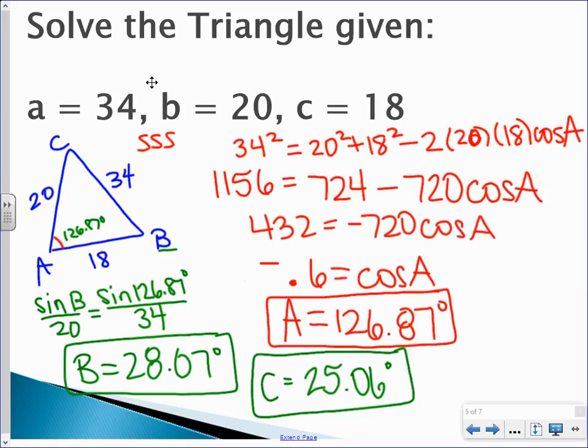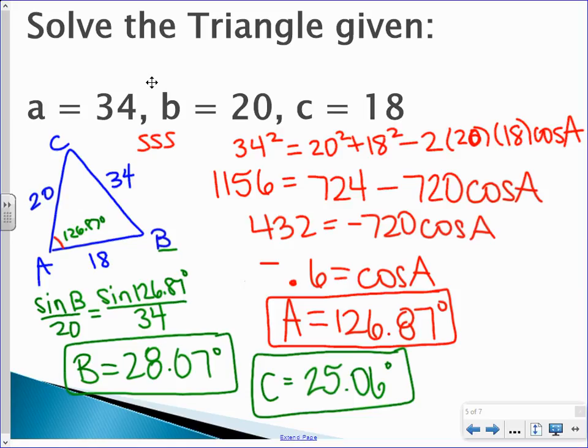If you want to avoid having to make that decision, avoid using the law of sines to find the biggest angle. Okay? So in this case, when we didn't know any of the angles, we started out finding the biggest angle. That way, when we switched to the law of sines, we would only have acute angles to find. You won't have a problem if you do that.